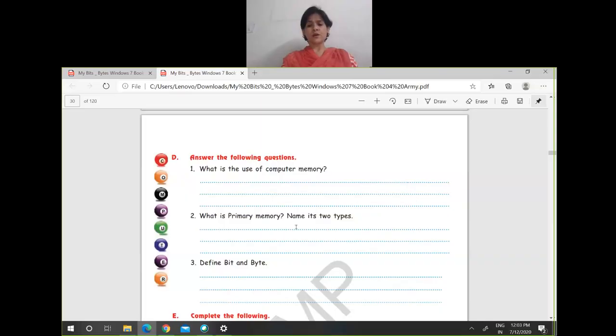So two types are RAM and ROM. Next is define bit and byte. A computer's memory is measured in bits and bytes. A bit means binary digit, 0 or 1. That is the smallest unit of the data. And 1 byte consists of 8 bits, and this is the basic storage unit.